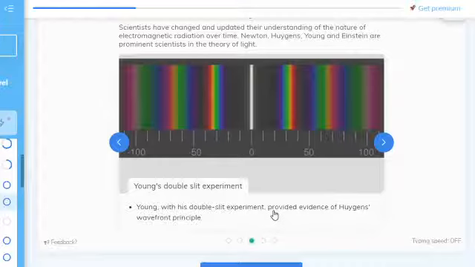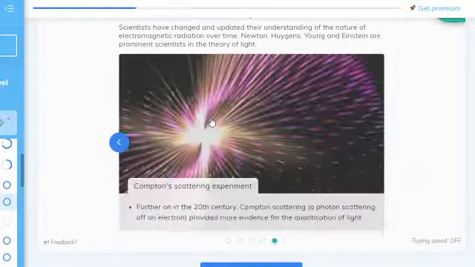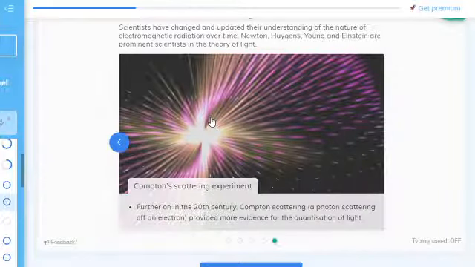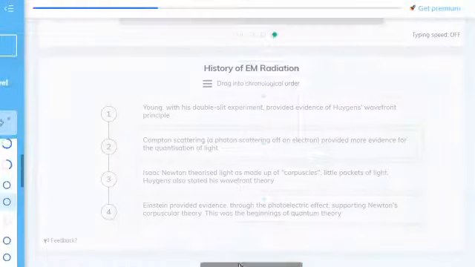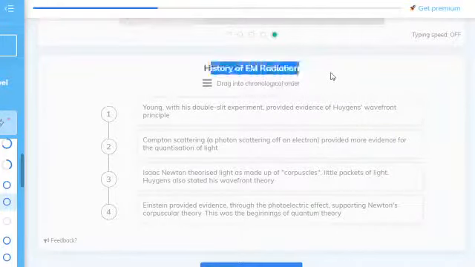Young proved that they're waves. Einstein proved that they're photons, thus being particles. And the Compton scattering experiment, photon scattering, provided more evidence for it being an actual particle.